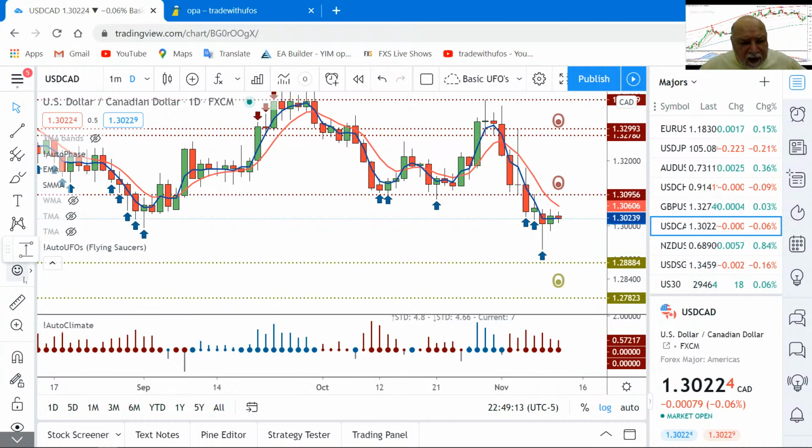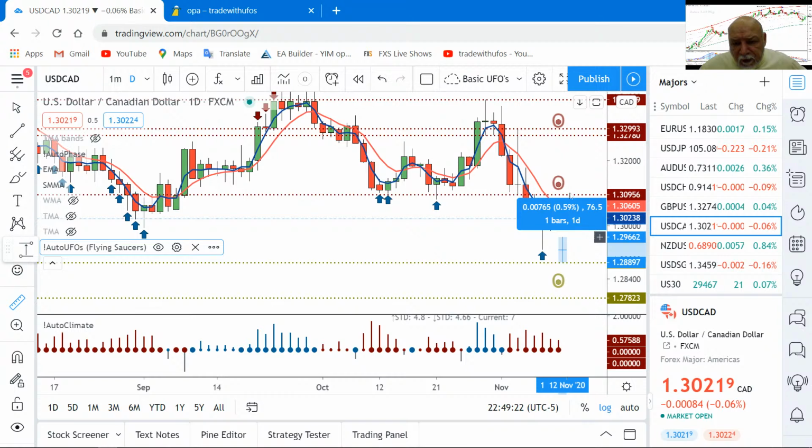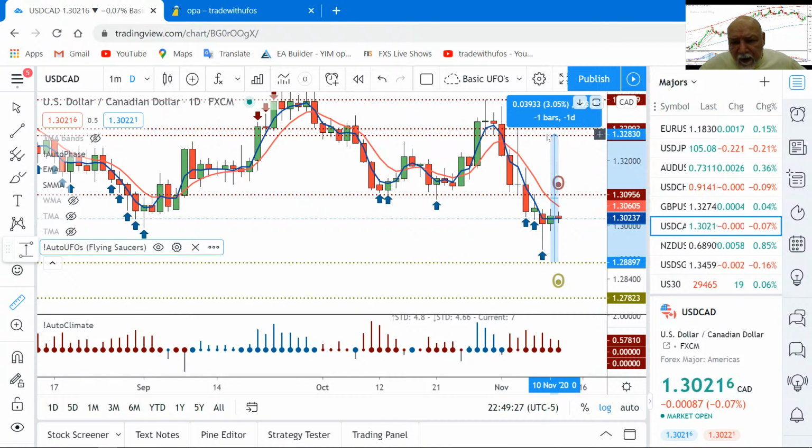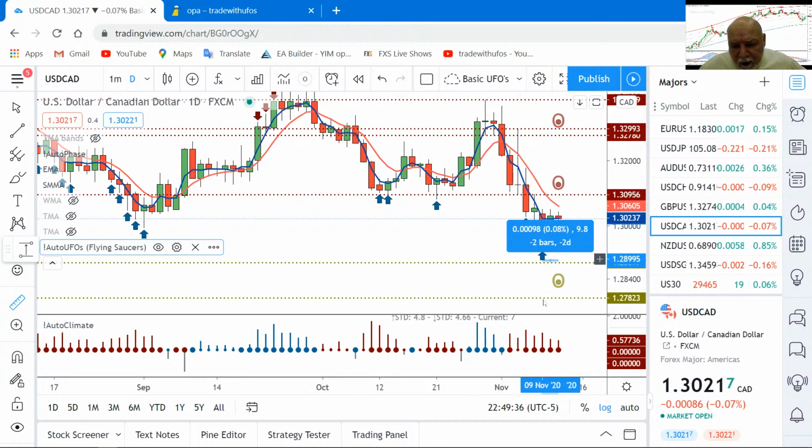So let me measure that again, saying that we take it at the top of this and go to here. I can't read it, I have to move it over. So that's a 400 pip, 300 pip compared to 100.